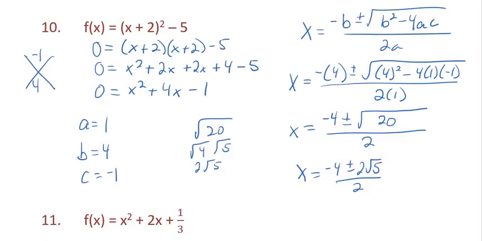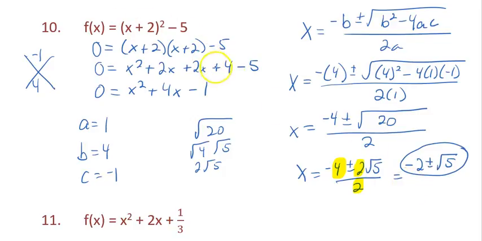And then I want you to notice here I have 4, 2, and 2. Those things, when they all have something in common, can reduce. So this is actually -2 plus or minus the square root of 5 over 1, which we normally don't write. So this would be the two answers you would get from the quadratic formula. One is -2 plus the square root of 5, and one is -2 minus the square root of 5.